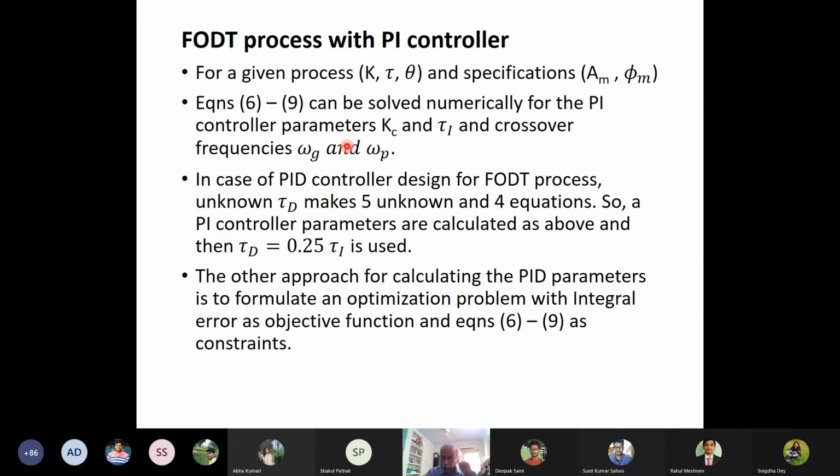Instead of doing this by trial and error method, we use those particular specifications to formulate an optimization problem. Like we can use an integral error as an objective function, and we can use the equations 6 to 9 as the constraints. So in that case, we do not have to use the equation tau d is equal to 0.25 tau I. We use these equations.